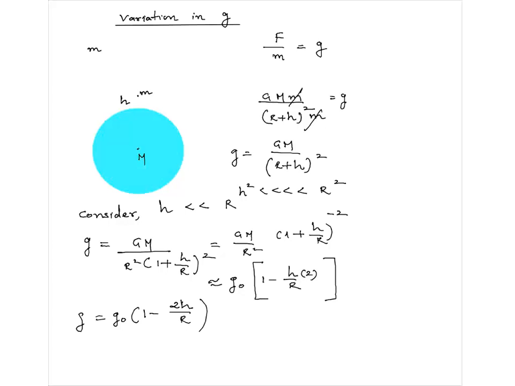This result is not 100% accurate. It is only approximate. Never use it when you are analyzing what is g due to Earth at the Moon. Moon is so far that small h will not be very, very small in comparison to the radius of the Earth.